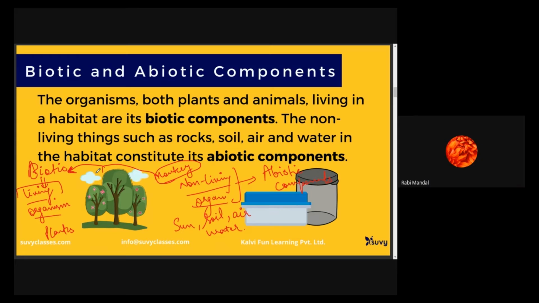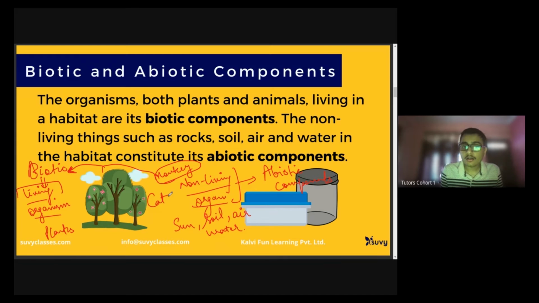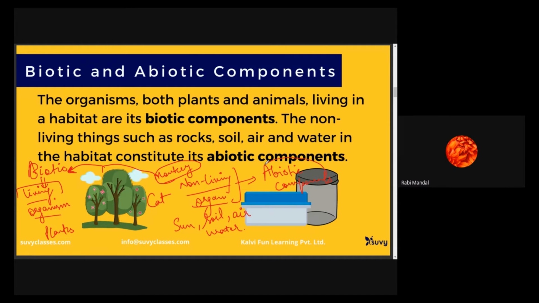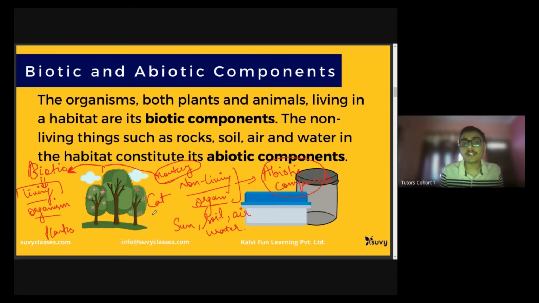A cat, will it be biotic or abiotic? It will be biotic, because it is a living organism. If I talk about a dog, will it be biotic or abiotic? It will be biotic.